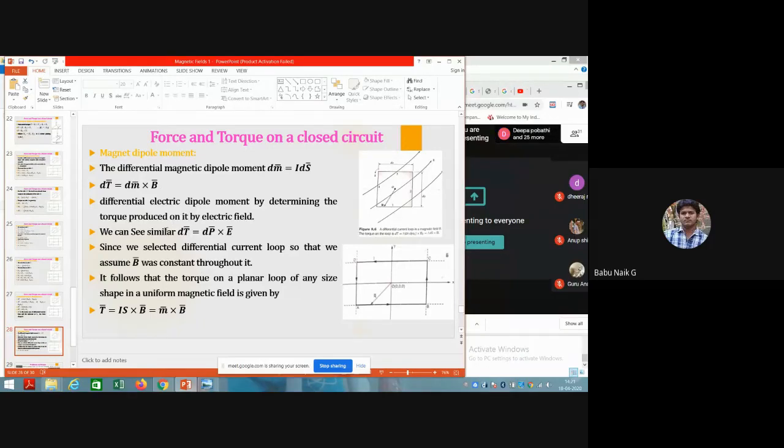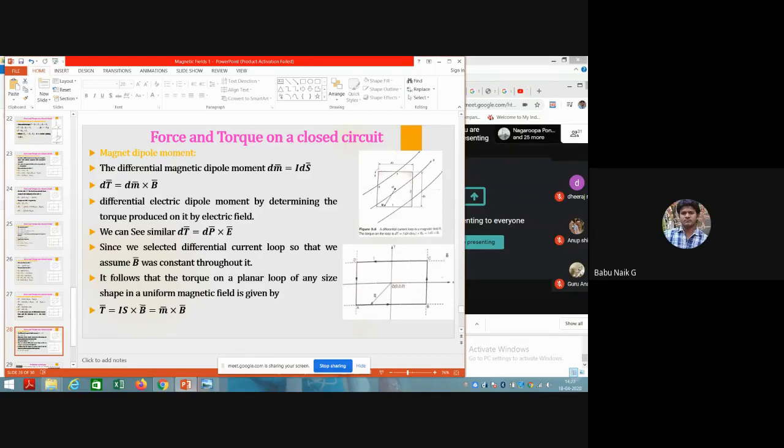Since we have selected this as a differential current loop, we can take B bar as constant everywhere throughout the loop, if we consider the magnetic field to be uniformly distributed. So B bar is constant throughout this area, and the magnetic field is uniform.